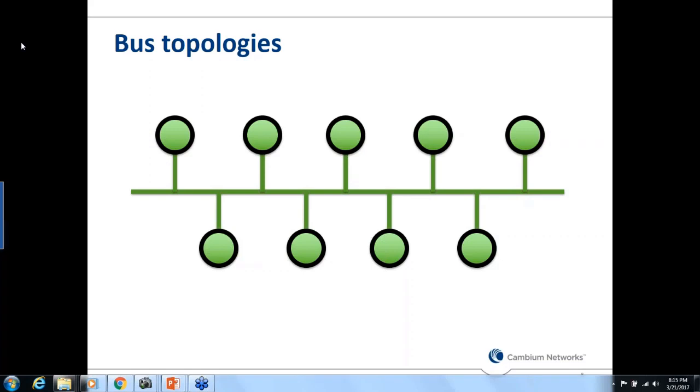To connect each PC or printer or whatever the node is, you would physically connect a smaller branch cable into that main cable, and then they split off into the vertical lines that you see here. So this one is more specific to wired, but there are many examples in the following topologies where they could be either wired or wireless, and I'll explain those as we go through.